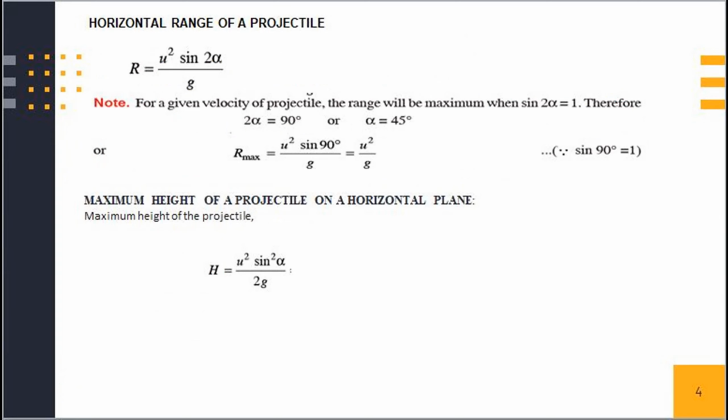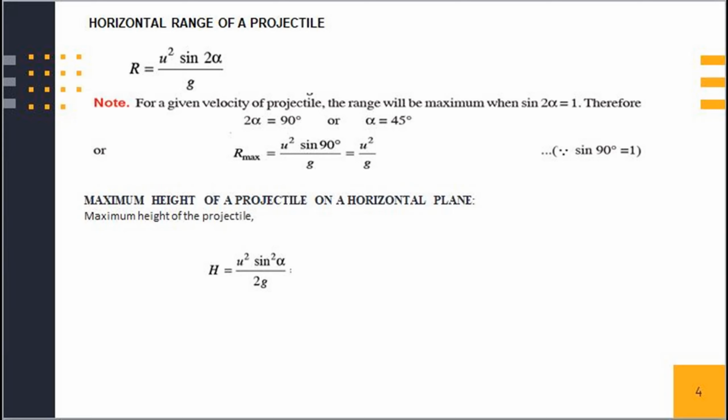The horizontal range will be maximum, that is r max is equal to u square sin 90 divided by g. We know that sin of 90 is equal to 1. Therefore, we get maximum horizontal range r max is equal to u square divided by g.